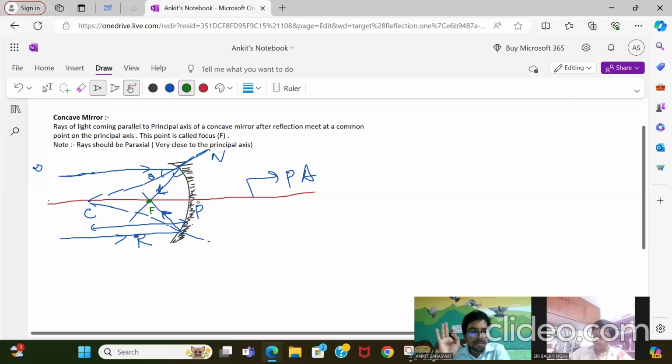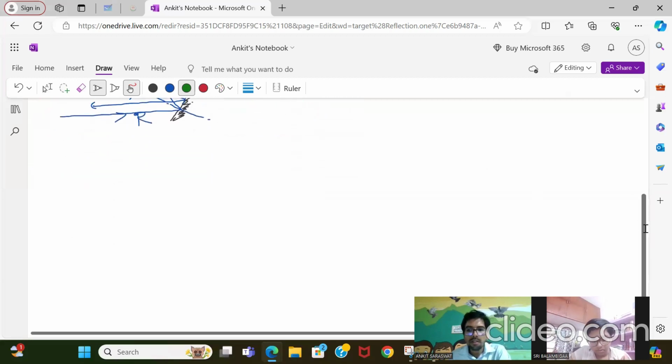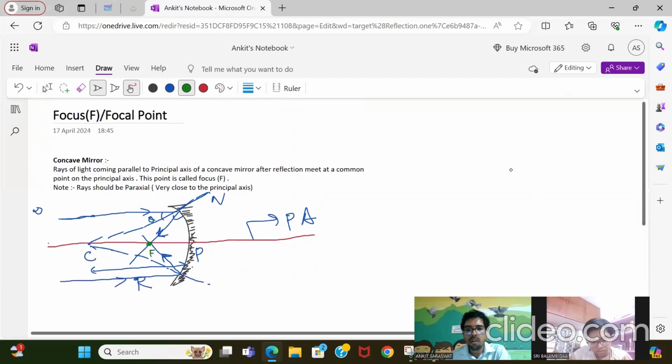Any doubt? No, sir. Now, similarly, we can write in case of a convex mirror. This was the concave mirror; now I'm drawing the convex mirror. See, this is the convex mirror, and this is our principal axis.